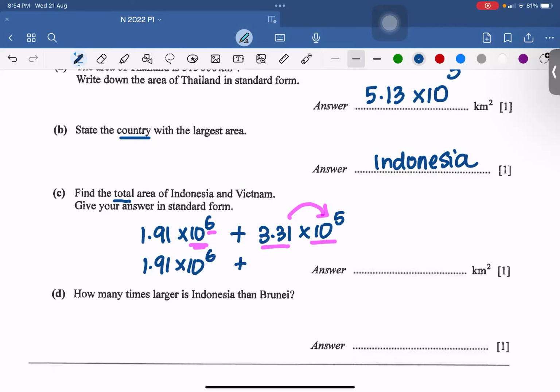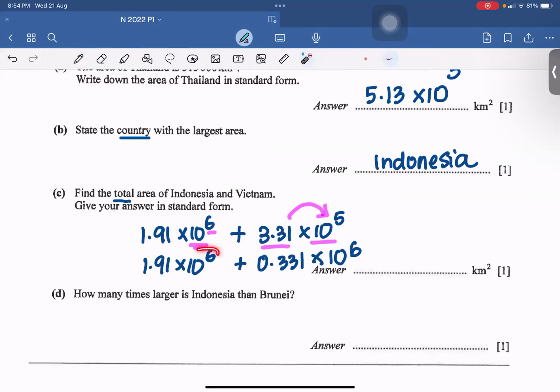So I take a 10 over to this side. I divide 3.31 by 10, so it becomes 0.331 times, I give the 10, bring the power over to this side, it becomes 10 to the power 6.